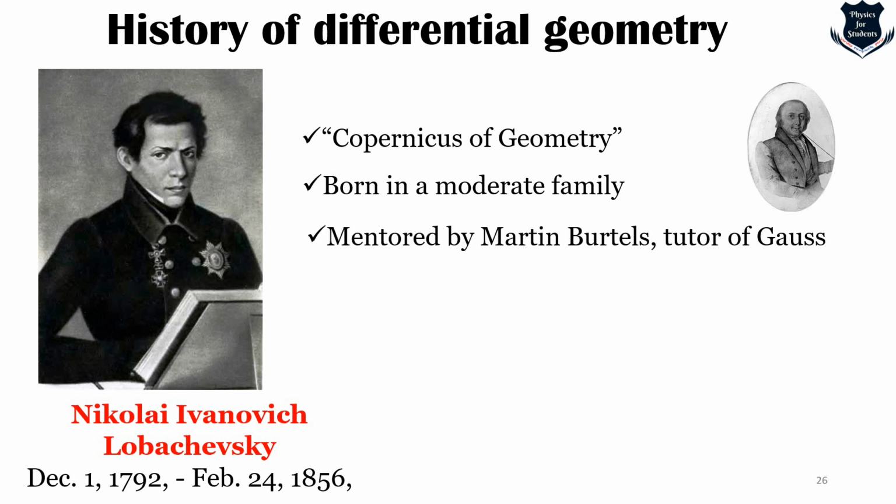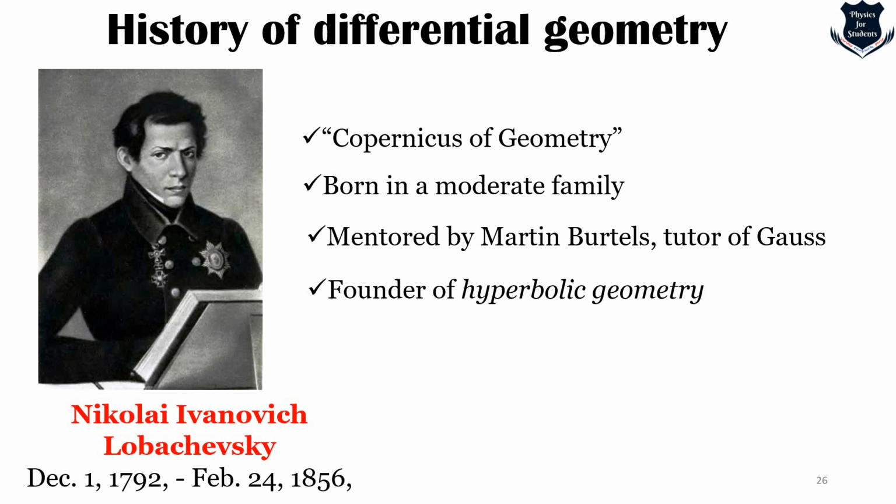At Kazan University, Lobachevsky was influenced by Professor Johann Christian Martin Bartels, a former teacher and friend of German mathematician Carl Friedrich Gauss. Lobachevsky received a Master of Science in Physics and Mathematics in 1811, and in 1814 he became a lecturer at Kazan University, and in 1822, at the age of 30, he became a professor teaching mathematics, physics and astronomy.